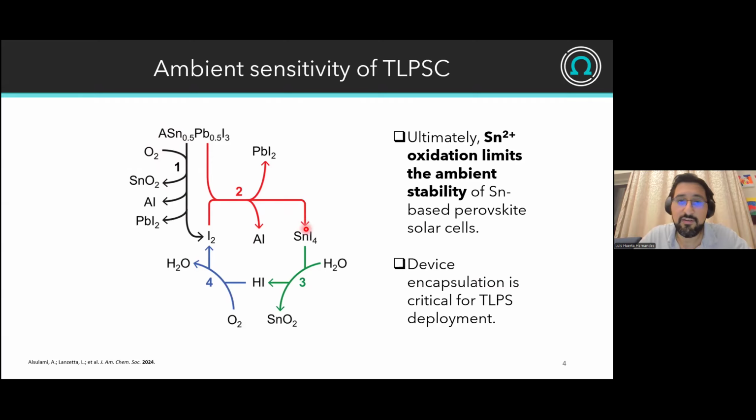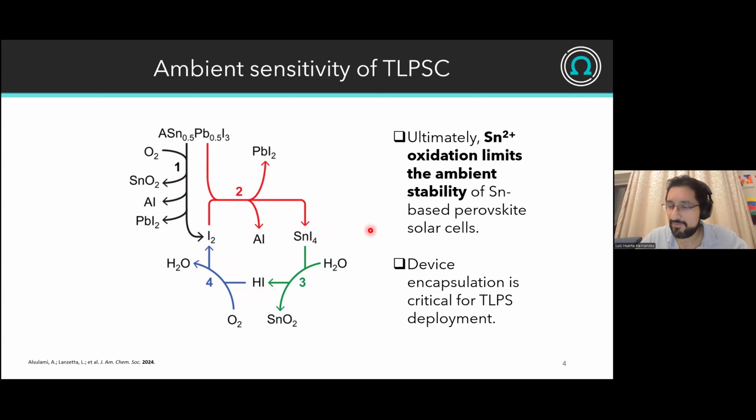And when this SnI4 reacts with water, it forms HI as a byproduct. This HI can be oxidized again with oxygen to form iodine, and this iodine can again oxidize the tin, forming this cyclic degradation. So ultimately, what limits the stability of these materials is going to be oxygen and water.